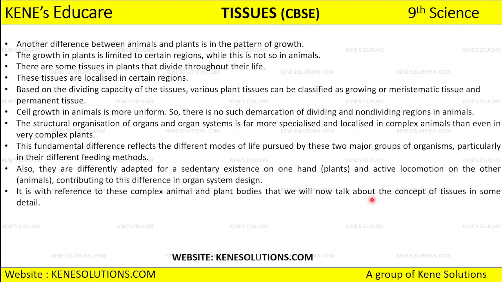You are aware of what tissue is now? Tissue, when a group of cells comes together, okay, that group of cells should be structurally and functionally similar to each other, okay? Then we can say that the group of cells is going to form a tissue, okay?